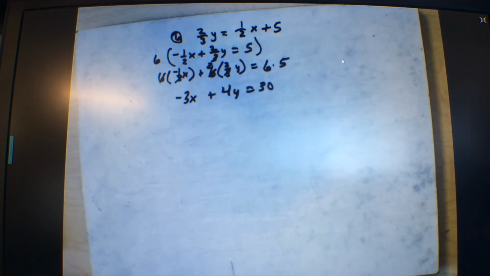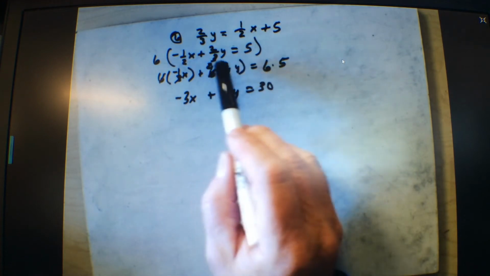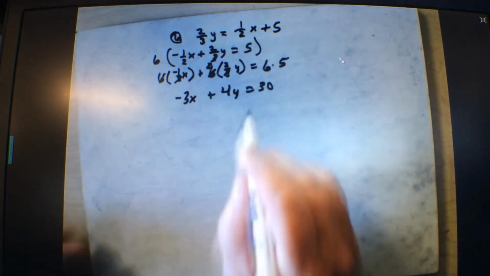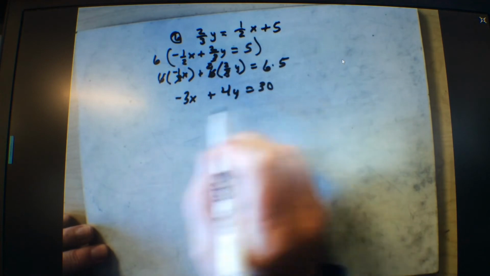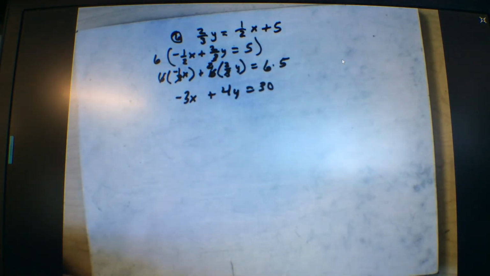How did you get the 4y? The 3 and the 6 canceled, and I got 2 and 2. 2 times 2 is 4, right? Yeah. Now, are negative 3, 4, and 30 all integers? They are. What's the only problem? Stay with me.